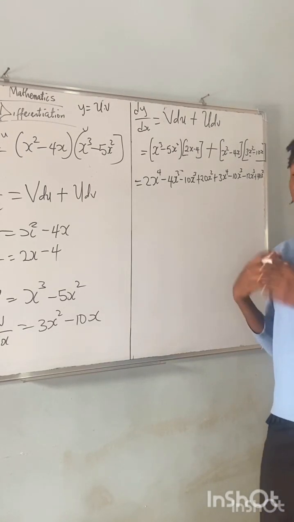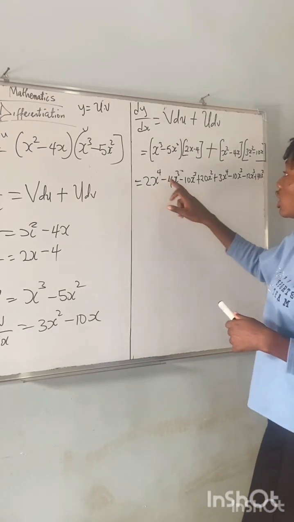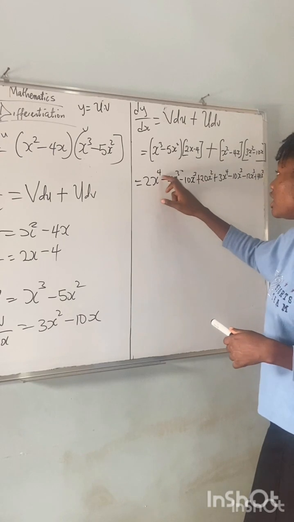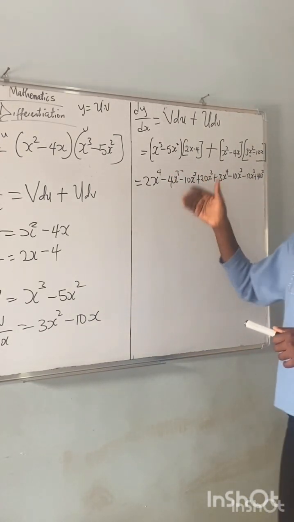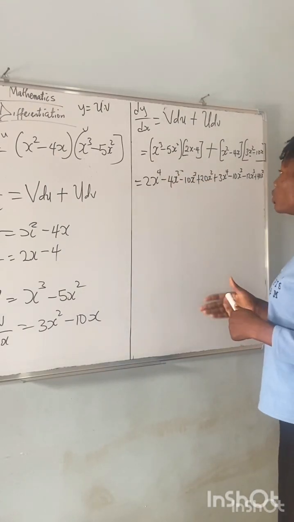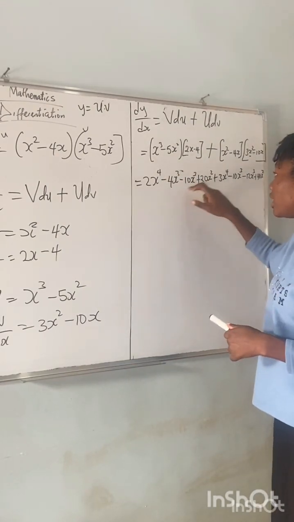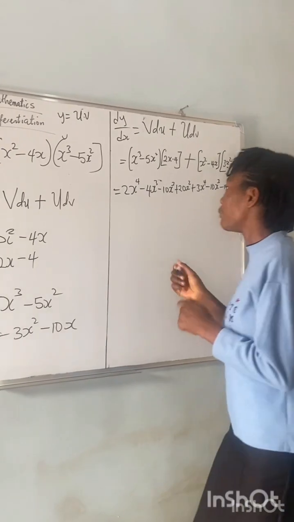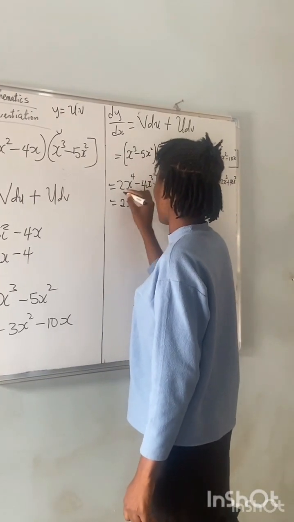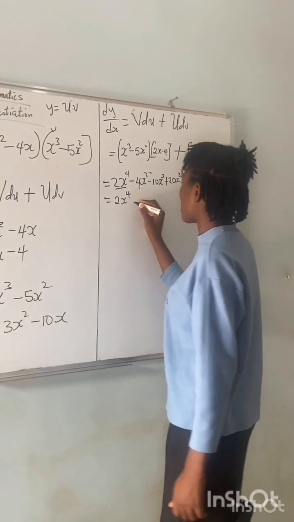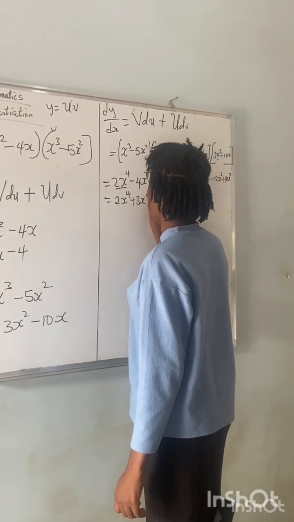So what we do is to rearrange. We bring all the expressions with similar powers together. If you can see, the x is having different powers. So we bring all the similar powers together, then we can now work on them. So we'll be bringing in 2x raised to power 4, and then we have plus 3x raised to power 4.